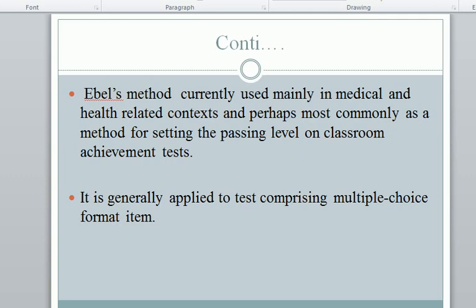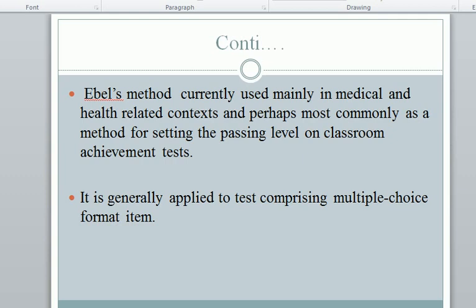In the Ebel method, it is generally applied to tests comprising multiple choice format items. You know the multiple choice format items, in which there is one stem of a question or statement, and after that 4 or 5 options, in which one is 100% correct and the others are wrong.